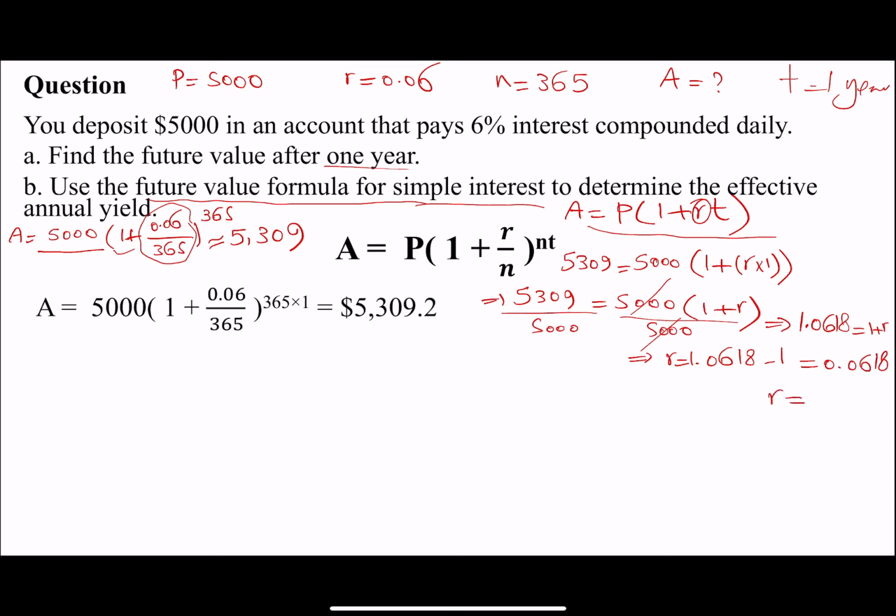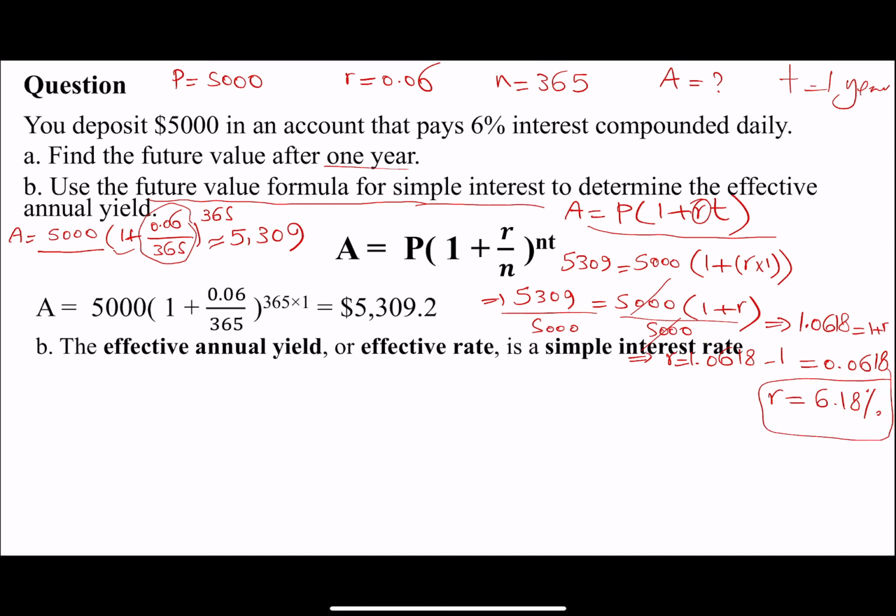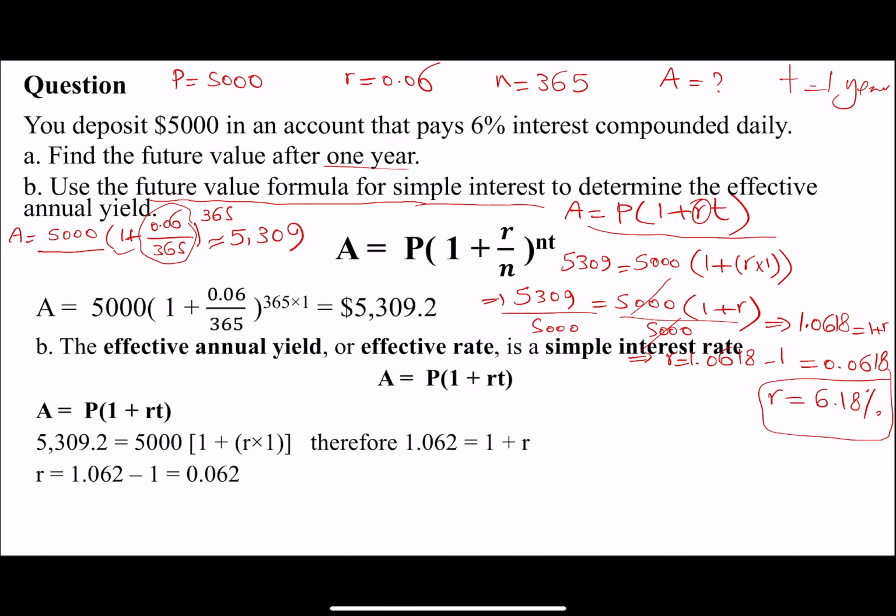Change it to a percentage: R is around 6.18%. That's your effective annual yield. You can follow any method that gives you R. You're supposed to get something very close to what we have here, 6.18% or around 6.2%. That's the effective annual yield.